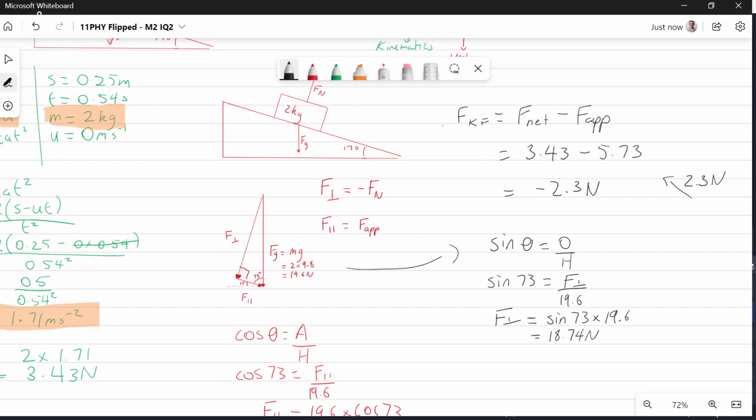And remember, because the perpendicular force is equal but opposite to the normal force, if we're not reporting any directions here and we're just looking at magnitude, not the vector itself, we can say that here the normal force is also equal to 18.74 newtons.